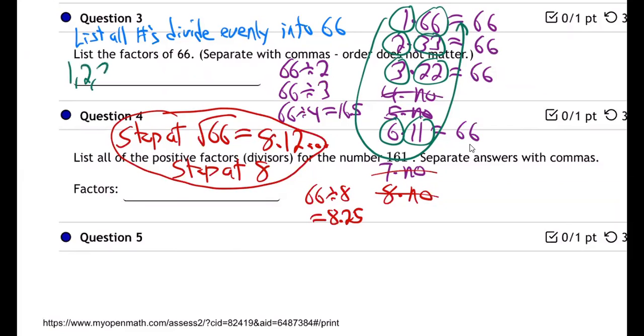So 1, 2, 3, 6, 11, 22, 33, 66. There it is. There's all the numbers that divide evenly into 66. Is that making sense? Any questions I can answer there?